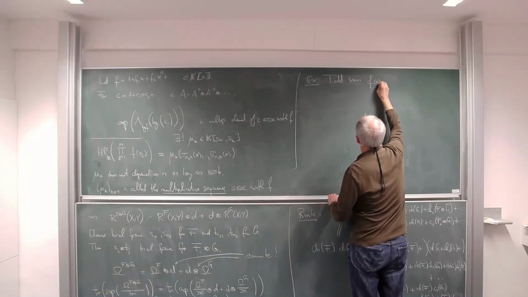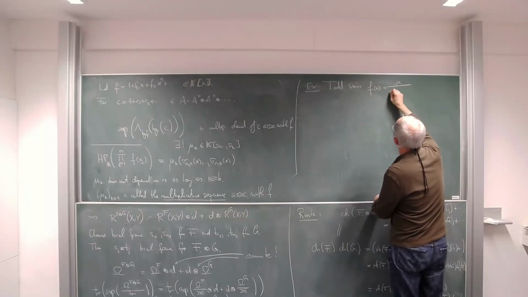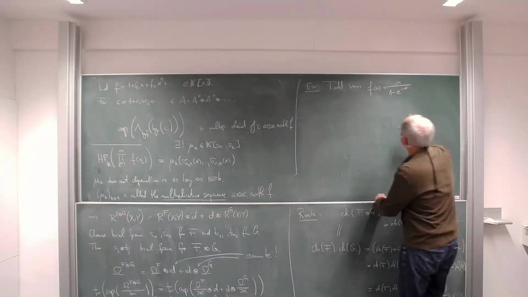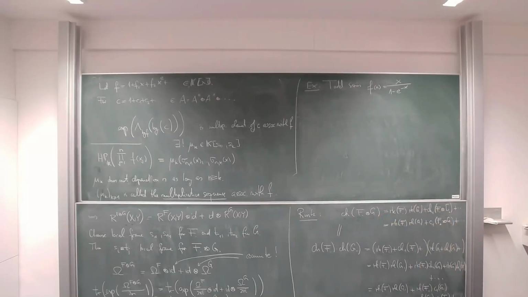So f of x in this case is given as x divided by 1 minus e to the minus x. Now we first have to think a little why this is a well-defined power series, why this is a quotient of series actually.